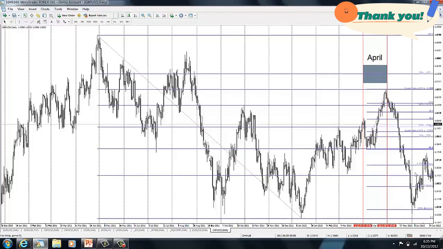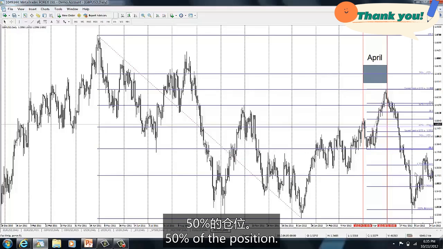So you could have scaled off, obviously, 50% of the position once you get half profit. I'm sorry, 30 pips, move to break even, and then look for your 127 extension.